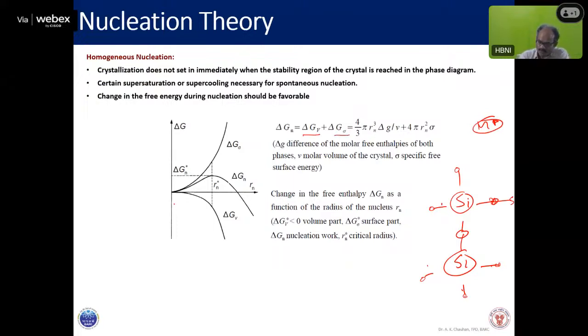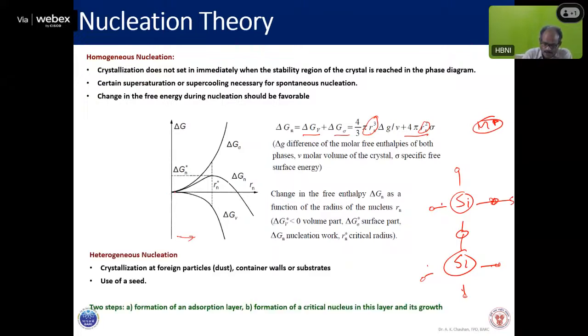The volume energy corresponds to r cubed, and considering a sphere, the surface energy goes with the surface area, 4 pi r squared. When the size of the cluster increases, the surface term is positive and increasing, and the volume term is negative, r cubed.